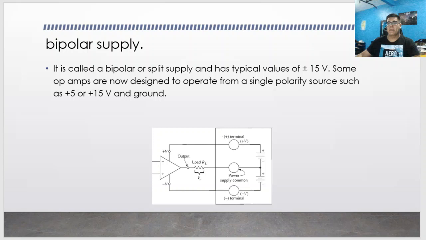The OpAmp can be connected in two forms. The normal form, that is one power supply, and the bipolar supply that functions with two power supplies, one positive and one negative, that needs a special power supply.